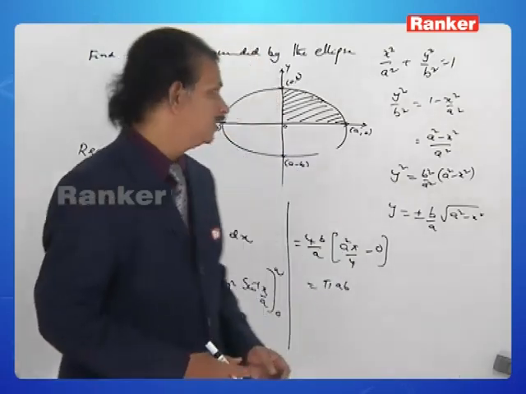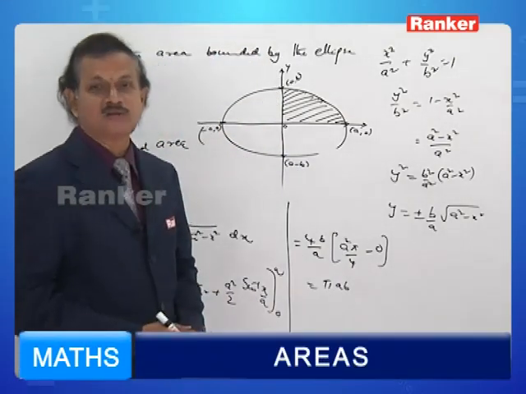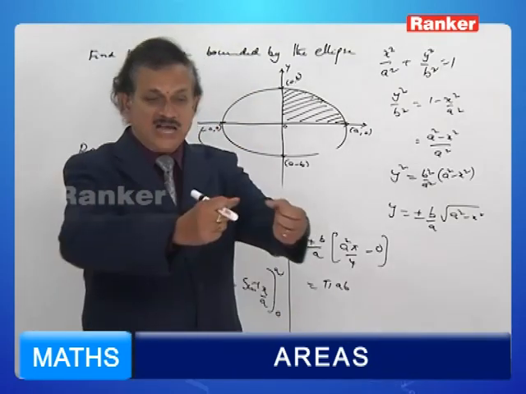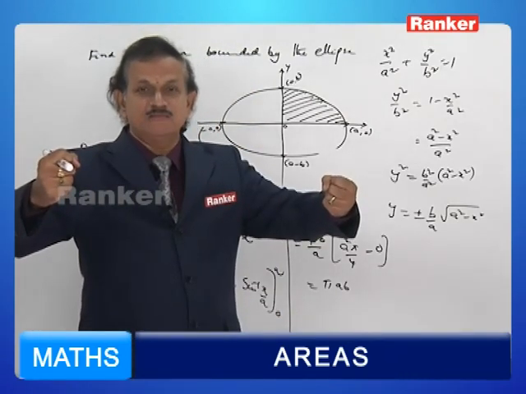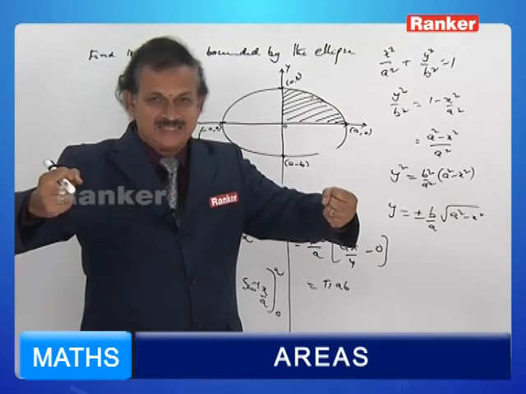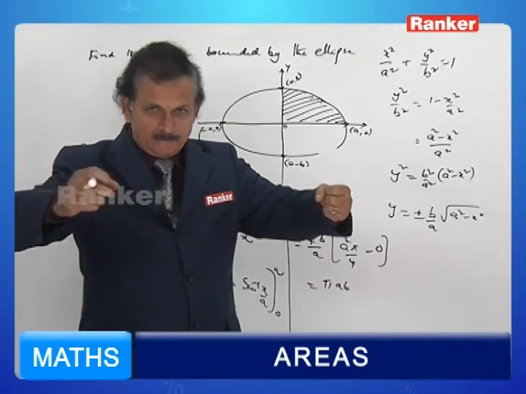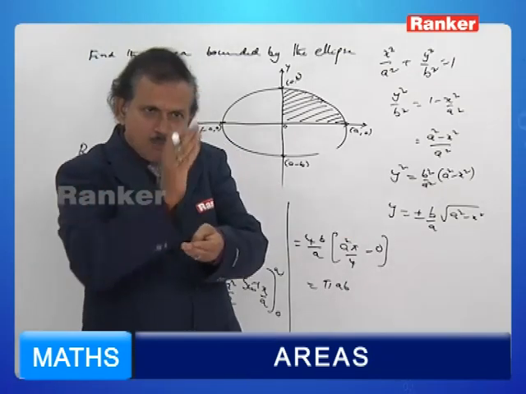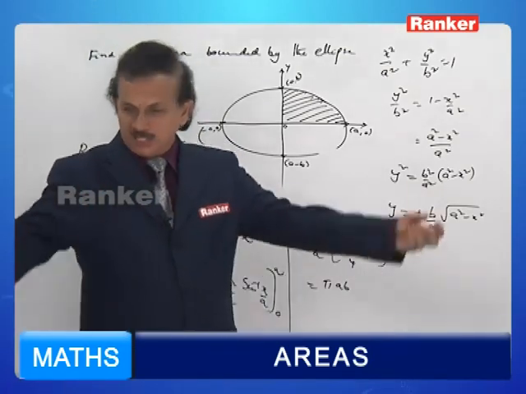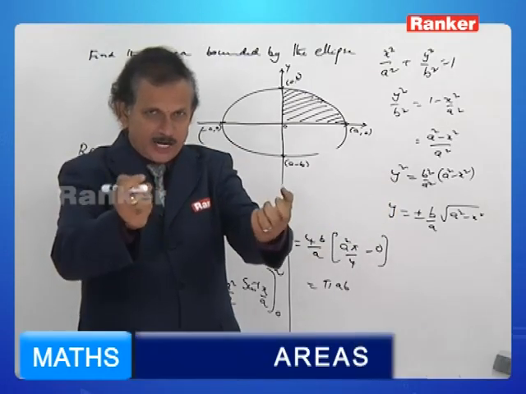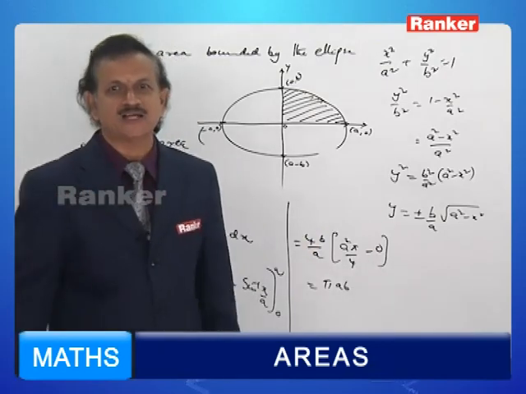Why not? See, from the knowledge of conic sections, an ellipse is just nothing but a stretched circle, isn't it? If you stretch it, major axis and minor axis will be observed. If you again put them close, that is when a is equal to b, it becomes a circle.